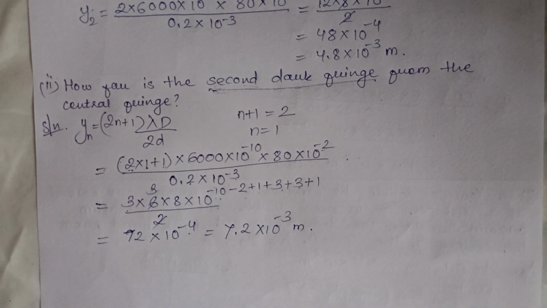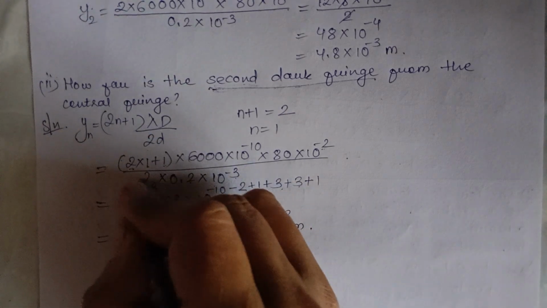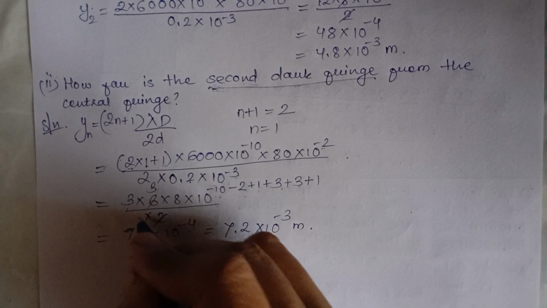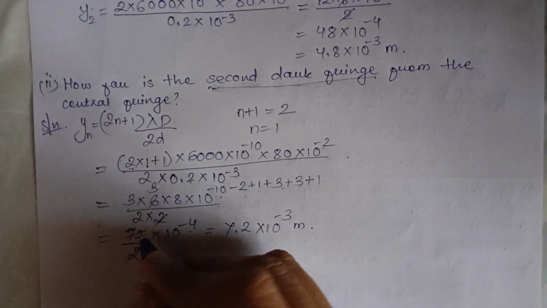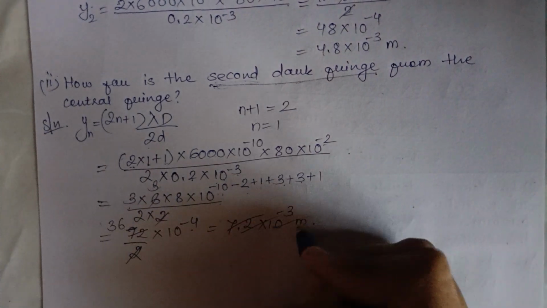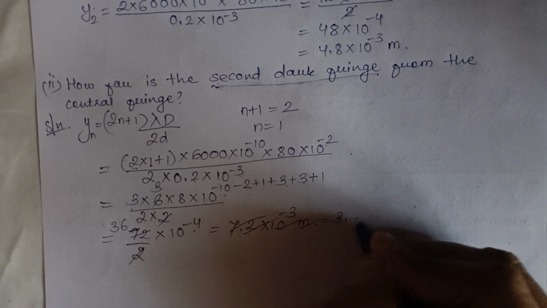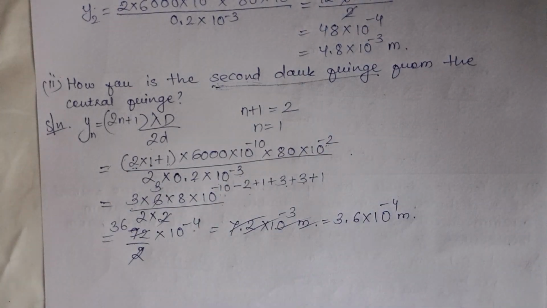Okay. Here some mistake I did, that is I have not written 2. Okay, so here 2 is there, I have to divide by 2. So the final answer is 3.6 into 10 raised to minus 4 meter. Okay.